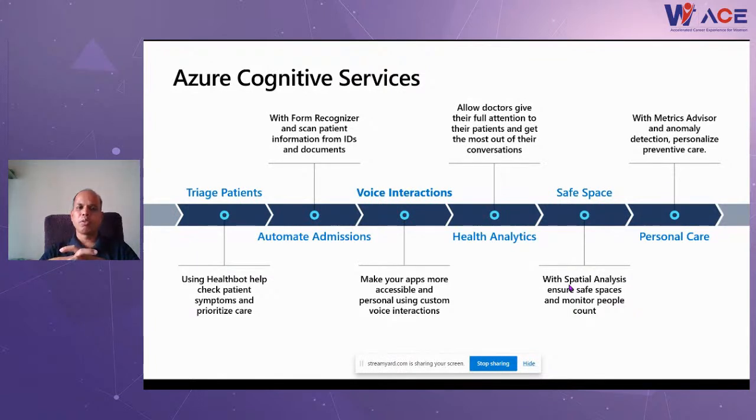There are a few other solutions like automating admission, voice interactions, health analysis in hospitals, whether you are in a safe space in a shopping mall or grocery store when you see a big crowd, and personal advisory based on your past health records, past shopping behavior, or your favorite books.